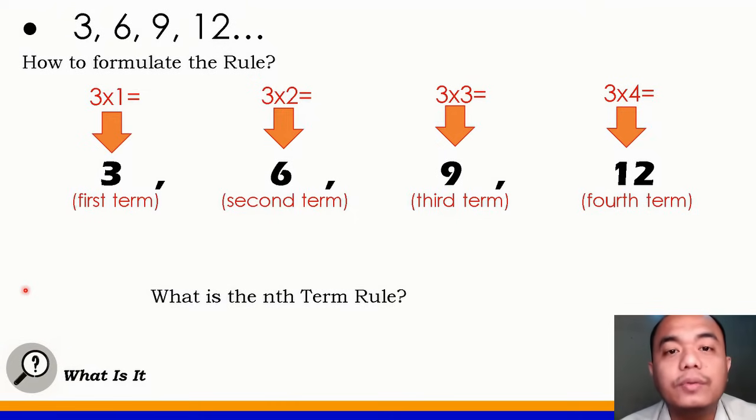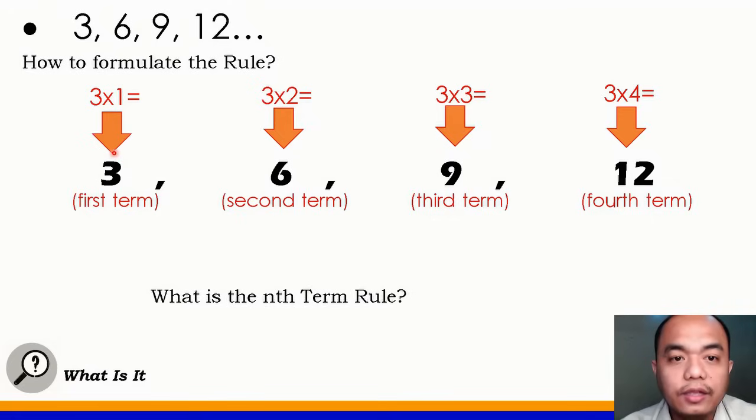So what is the n-term rule now? We are about to formulate the n-term rule now. So again, yung n na to, nagre-represent ng term number. Okay? So take note. The first term in the sequence is the same. O, parehas lang.